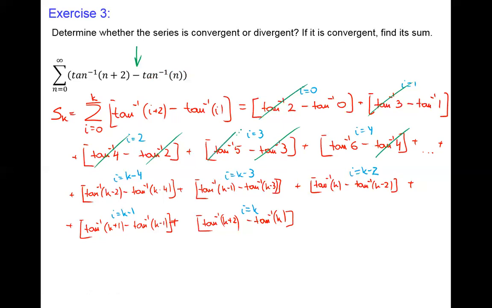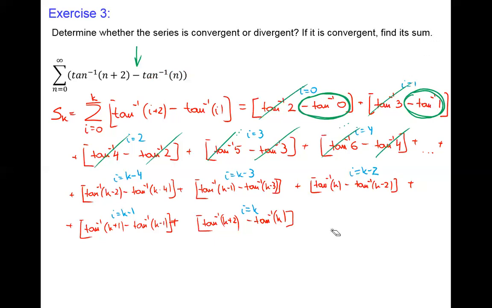This will be cancelled with the other term if I list more terms, and this item will be cancelled with part of the term if I list more terms. But I will not cancel this, okay? And I will not cancel this term. If I start counting the items, 1, 2, 3, 4, 5, and so on, my second and my fourth item is not cancelled.